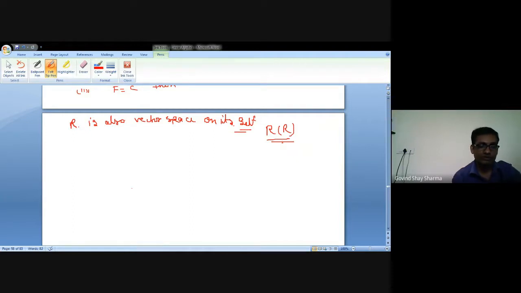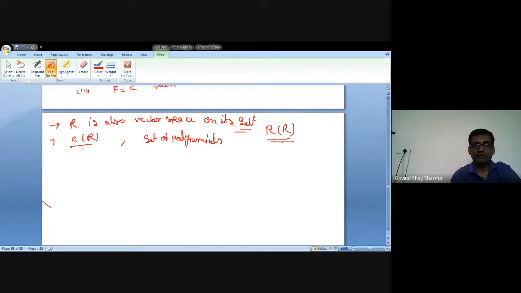Second, the complex number set C is also a vector space over a field.